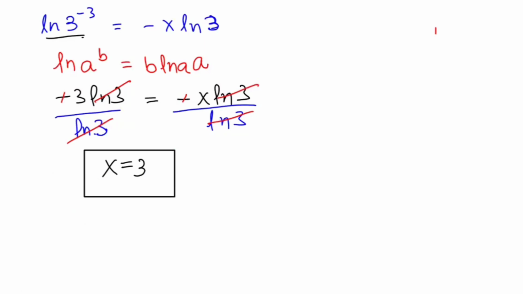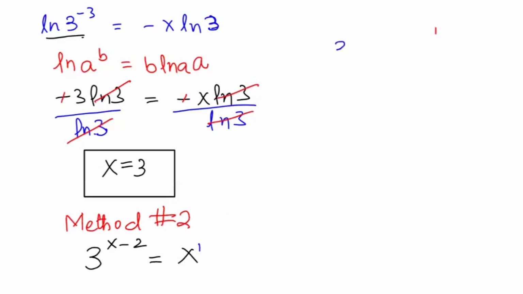Now we're going to solve the same expression by the second method. The expression we have is 3 to the power of x minus 2 is equal to x. Now I can write here 1 as a power, and we can compare the bases and the powers.